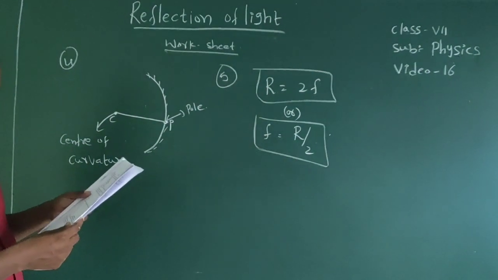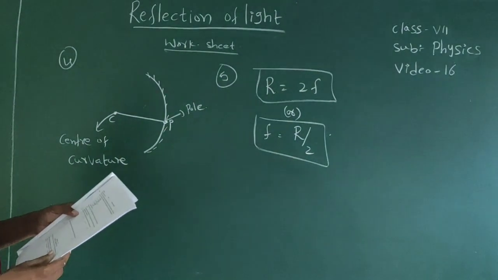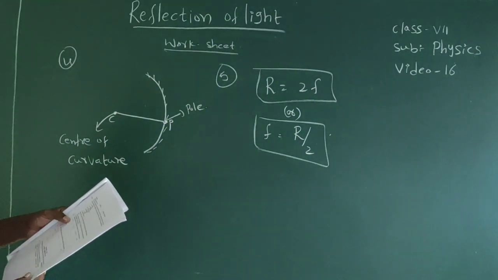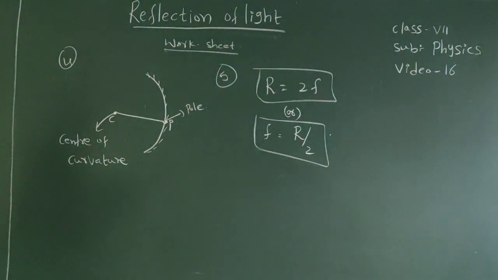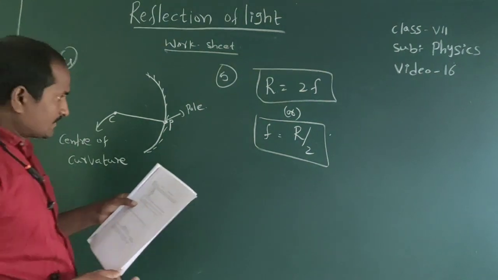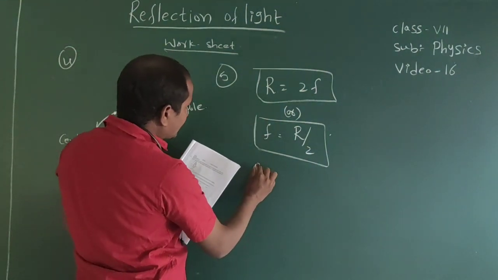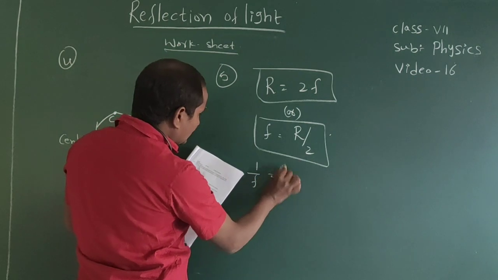Option R equal to F, or F equal to R by 2. Next one, we can write here 1 by F equal to 2 by R, from the above equation.